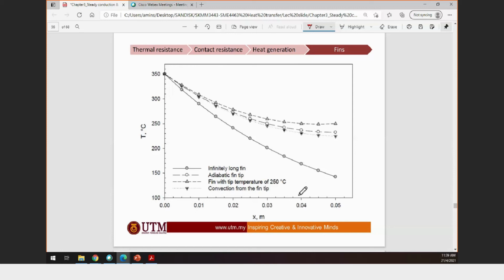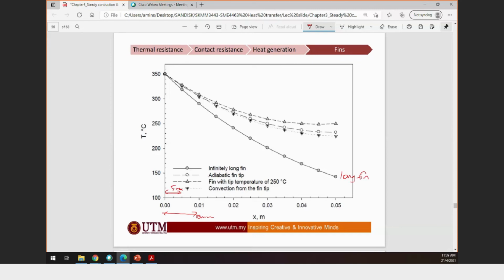So if you look here, this is 10 millimeter, and between this you have 5 millimeter. Okay, so look here at the temperature distribution. This is the circle one, the circle gray. This is a long fin.